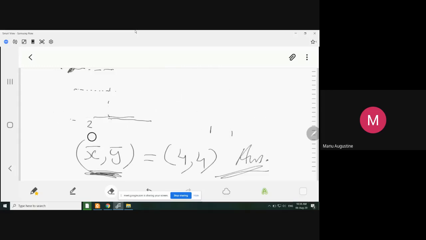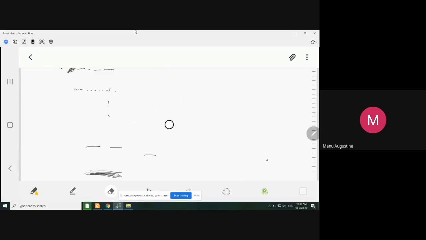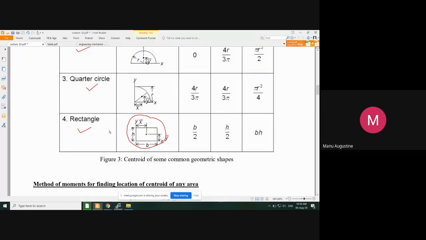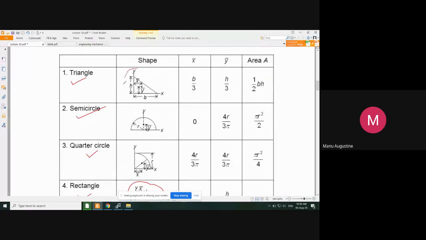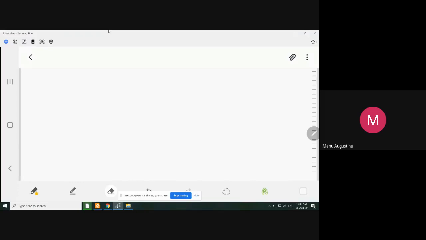Now let us move on to a little bit more complicated concept, that of a triangle. I have already given this in your notes, how to locate the centroid of a triangle, but let me give you a more elaborate conceptualization of this. First of all, let us take a right angle triangle.